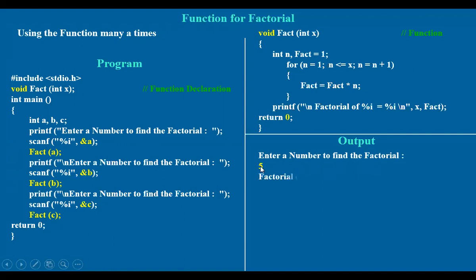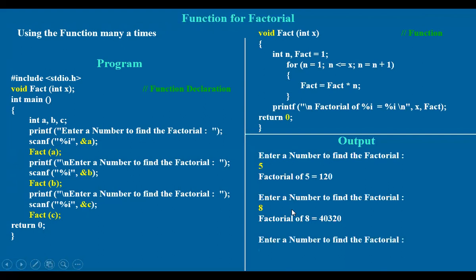When you enter it, it calls the function and calculates, and it displays here itself. So nothing is returned. So that's it. It is over. Next, again, this statement is executed. So it asks for another number, and you give it, and it calculates the number by calling the function. So like this, you can call the function any number of times.